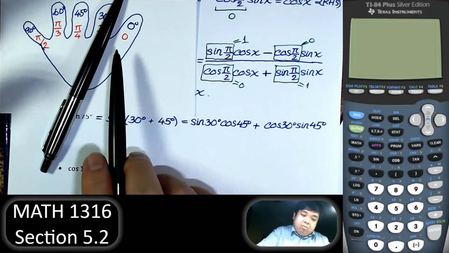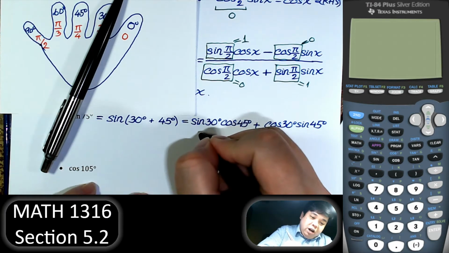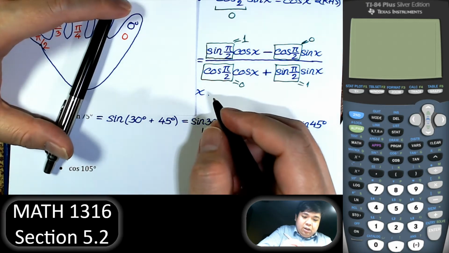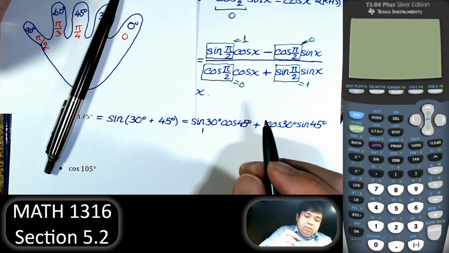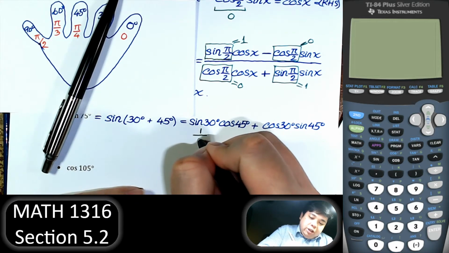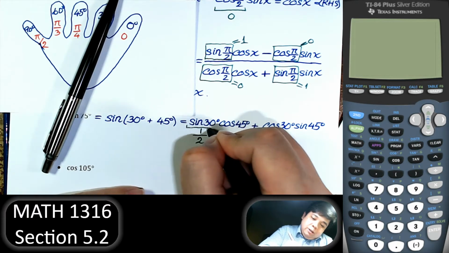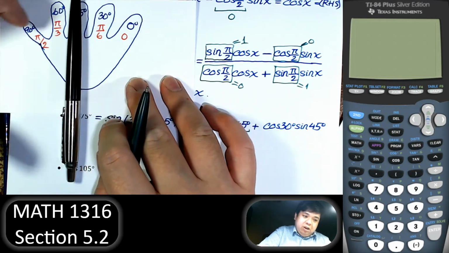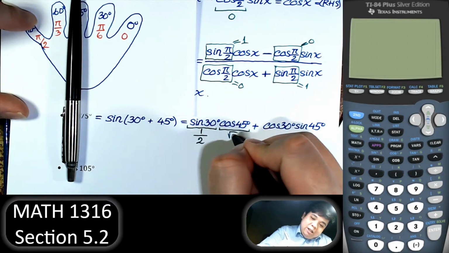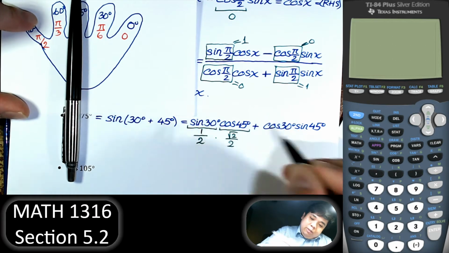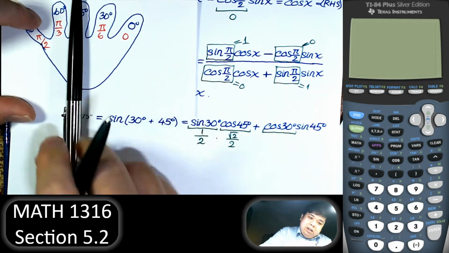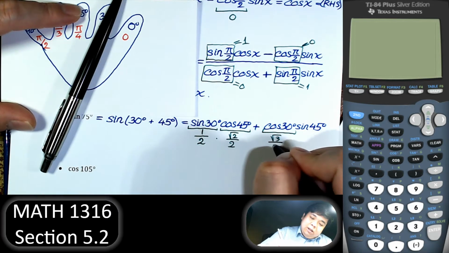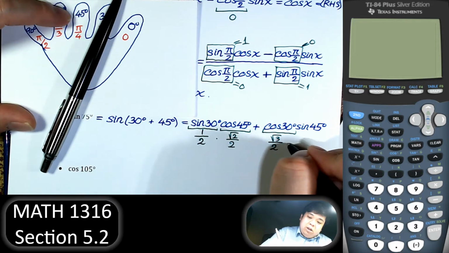Sine is finger on the right, so we have square root of 1 over 2. Cosine 45 degrees. Cosine is fingers on the left, square root of 2, divided by 2. Cosine 30 degrees, fingers on the left, square root of 3, divided by 2.